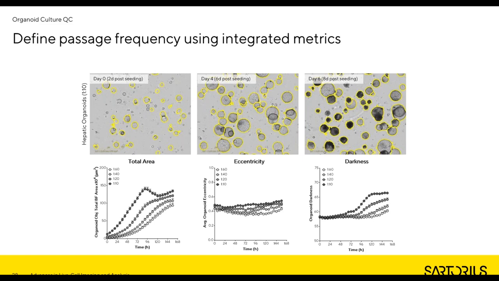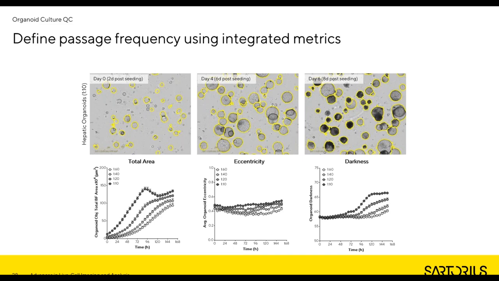So if we just take a few minutes to look at the images that we can see at the top here, these representative bright field images illustrate that 2 days post-seeding, so that's the first image we can see there on the top left, cultures are not yet ready for passaging, as the majority of these objects within this well, you can see they're quite small.